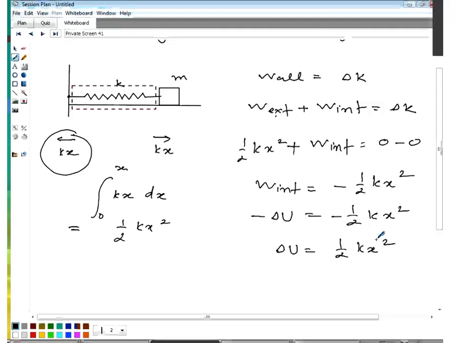That means whatever is the potential energy at the natural length of the spring, from that value the new potential energy is half kx square more, right? And normally we take potential energy to be 0 when the natural length is there, when there is no compression, there is no elongation.